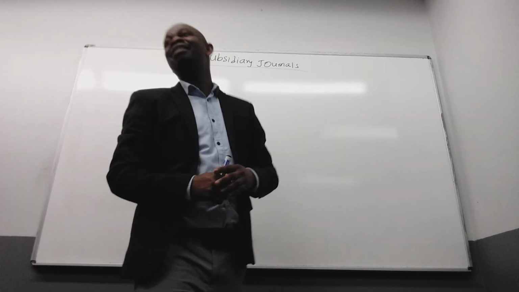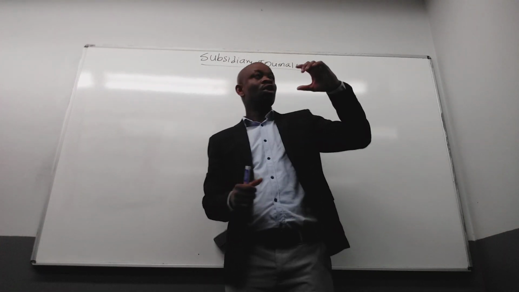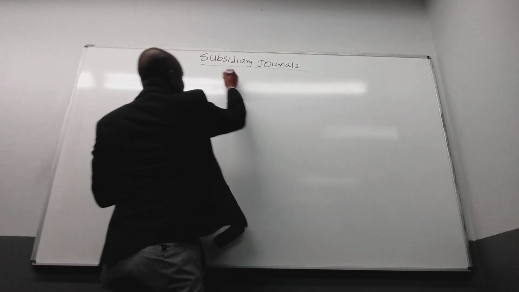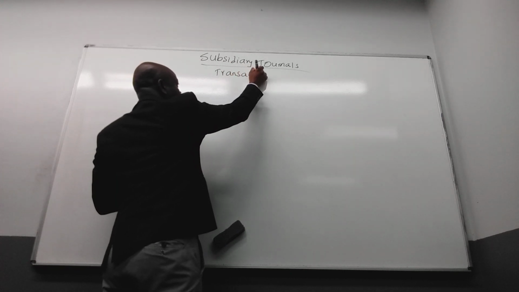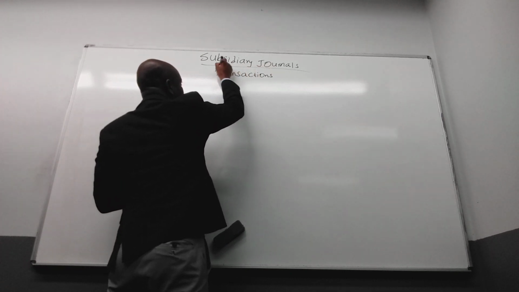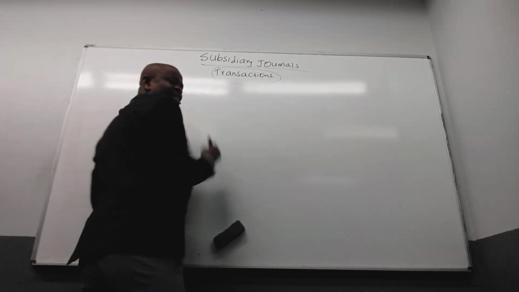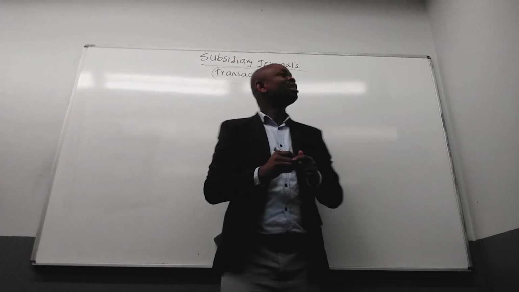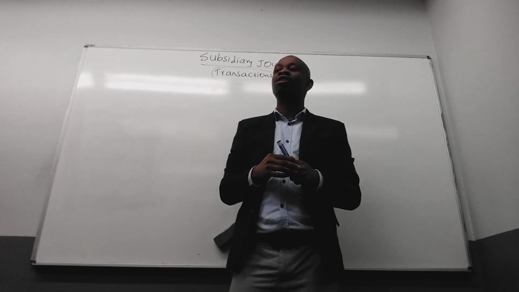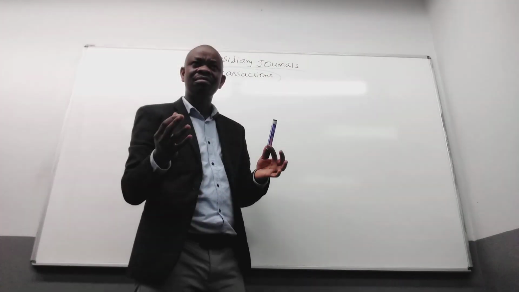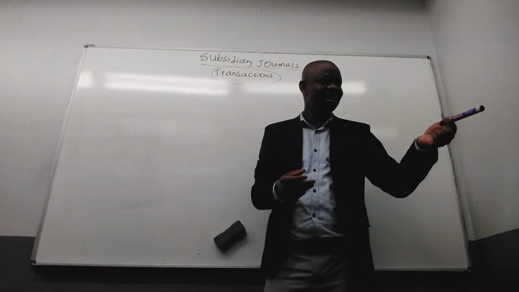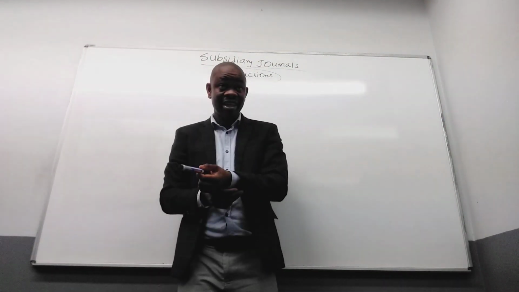Yes. Remember I said before, when it comes to transactions, just to recap a bit, you know that transactions do not behave the same. I think you realize that when you were dealing with the accounting equation. Sometimes we sell, sometimes we buy.